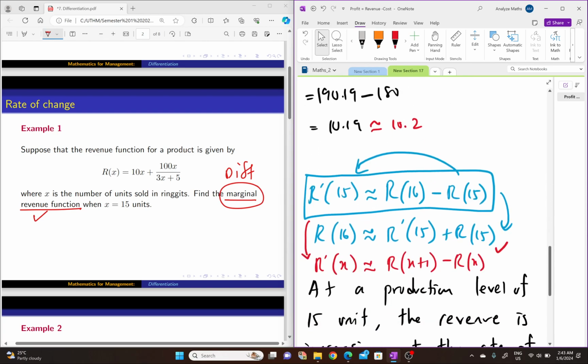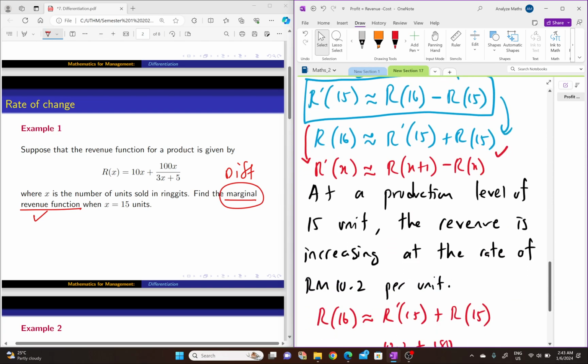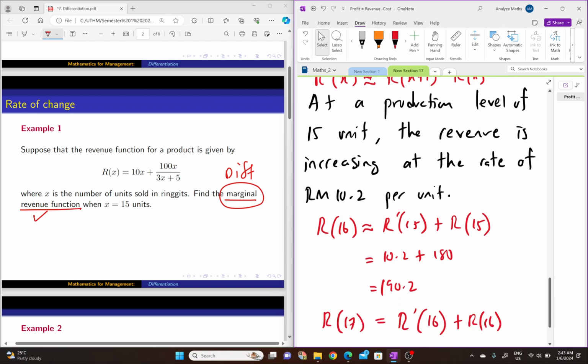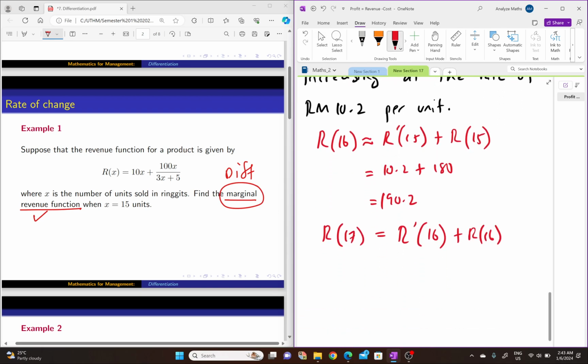Then the rest I gave you as a formula, written here in written form. And finally I said, if you want to find 16, you have to use 15 here. If you want to find the revenue of 17, you have to use 16 here. So the immediate one, you cannot use the 15. 15 is not the immediate one. Okay.